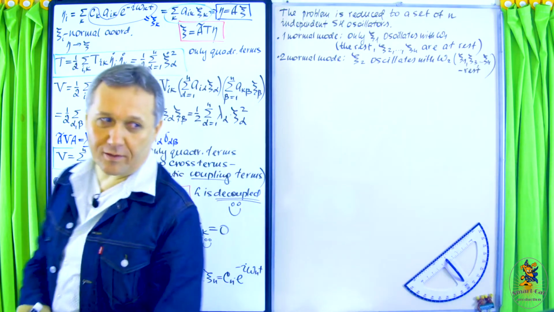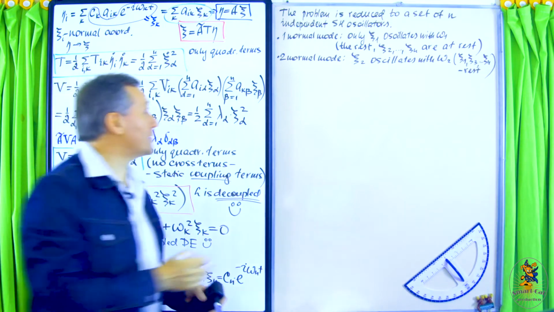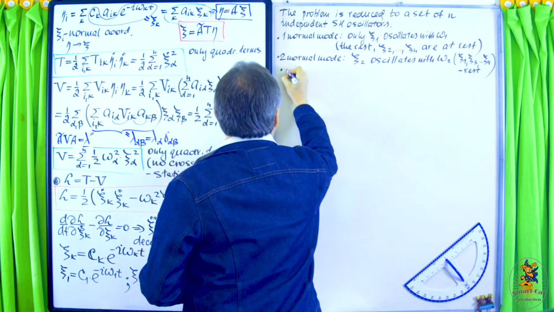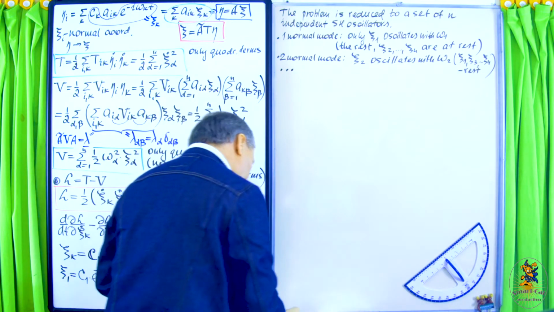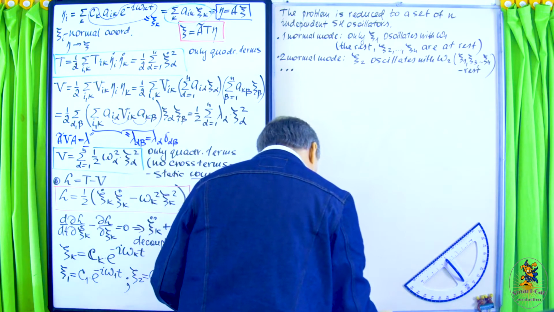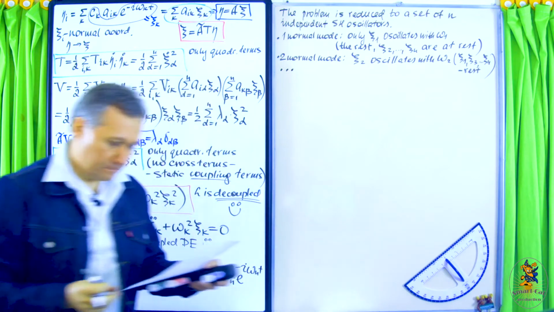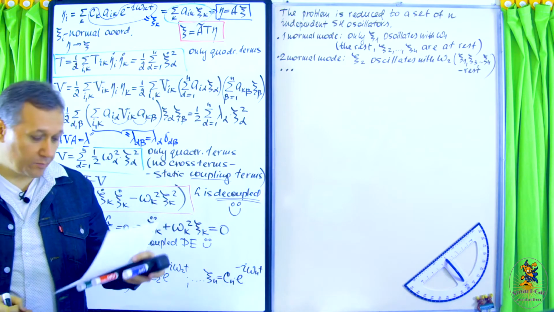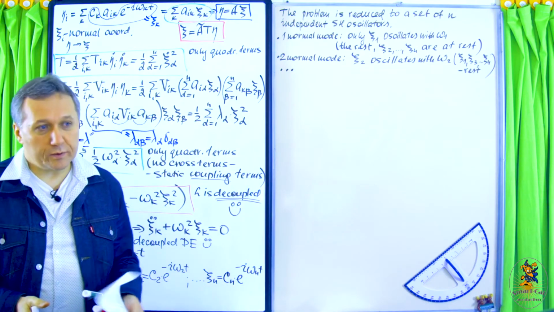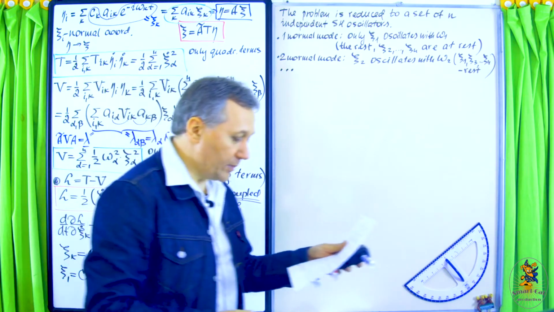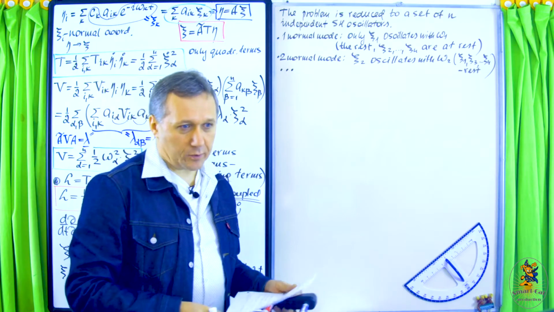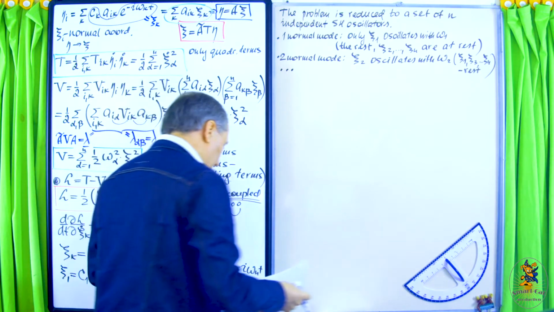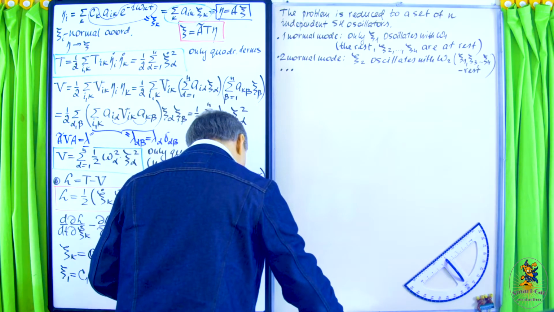They don't oscillate, and so on. Okay, I'm not going to rewrite more. And maybe I can write: all these psi's are independent and no energy is transferred to or from them, as I told you.